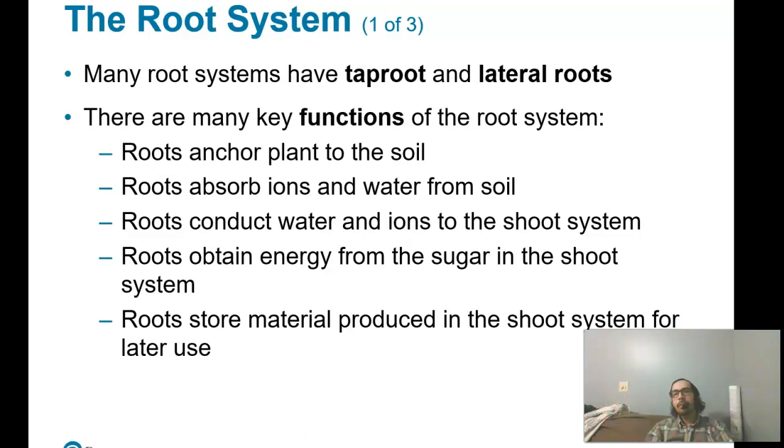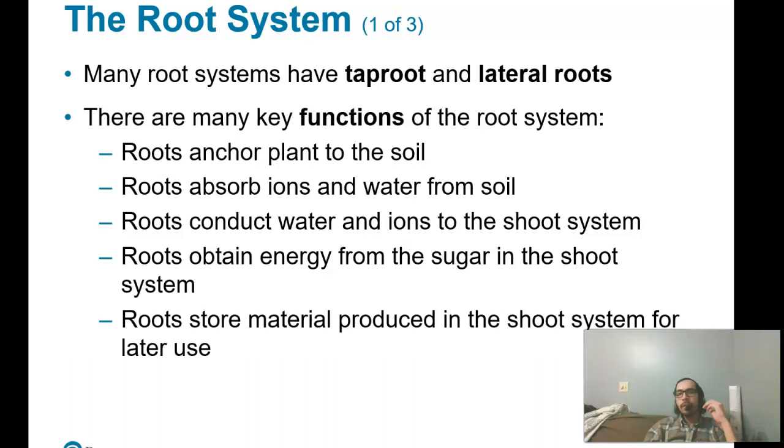But the main function of the roots overall is to anchor the plant, to absorb water and nutrients from the soil, and also to conduct that water into the shoot system. So the water has to go from the roots and then up into the shoots. In vascular plants, that's carried out by vascular tissues like the xylem.